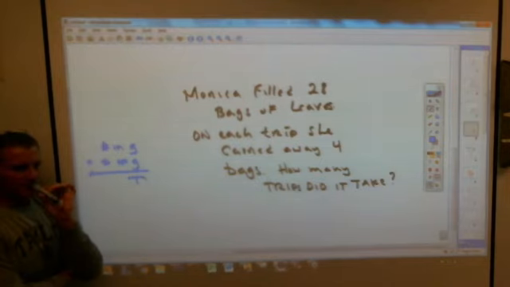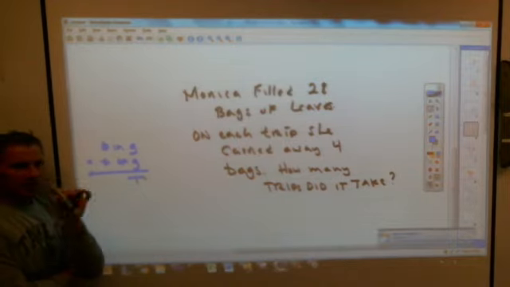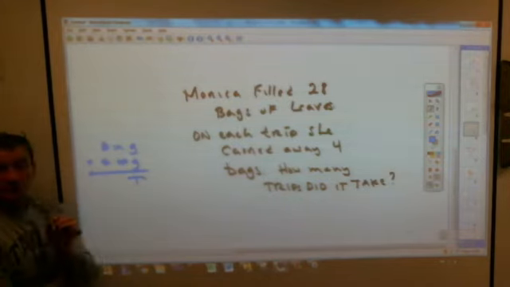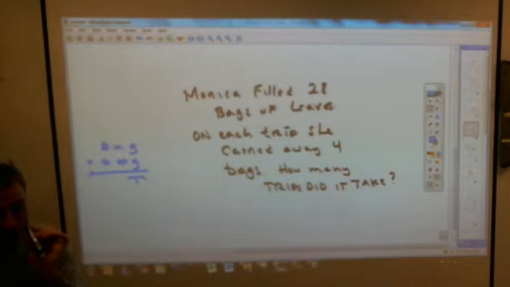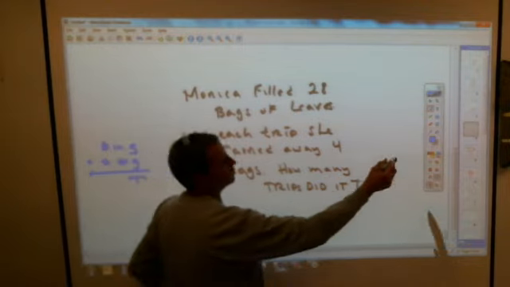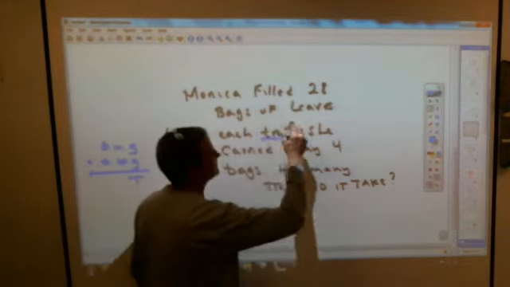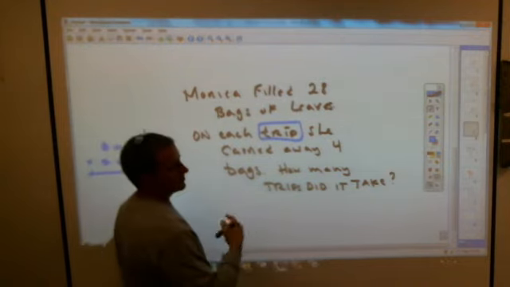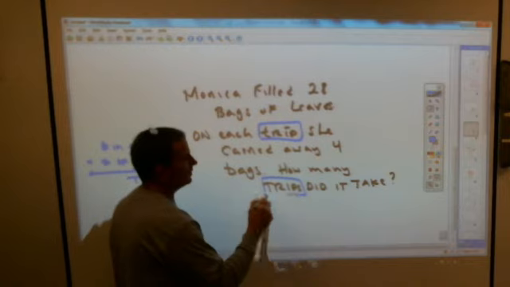Brian. 28 divided by 4 is equivalent to 7 trips. Okay. Victoria. Which word there stands for a group of something? Trips. A trip is a group of 4 bags. Exactly. The word trip is what we are using for our groups, because a trip is a group of 4 bags.